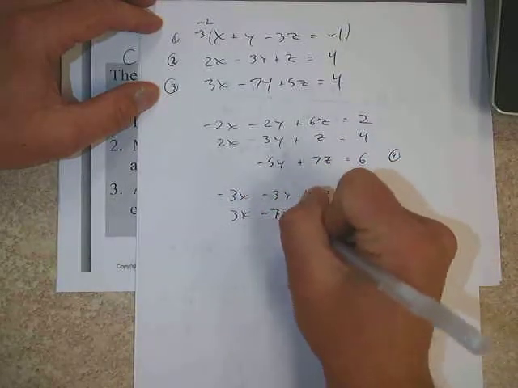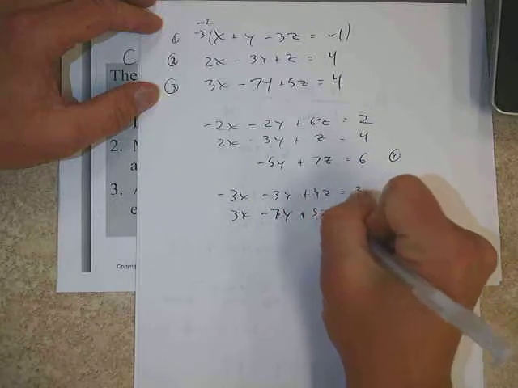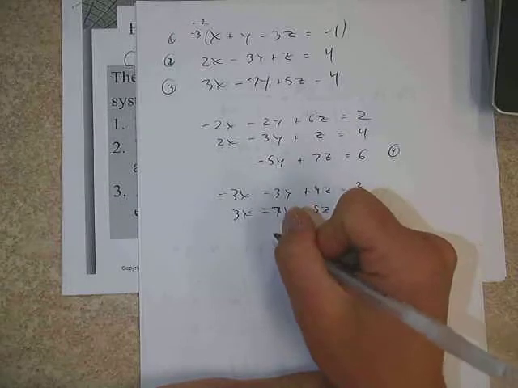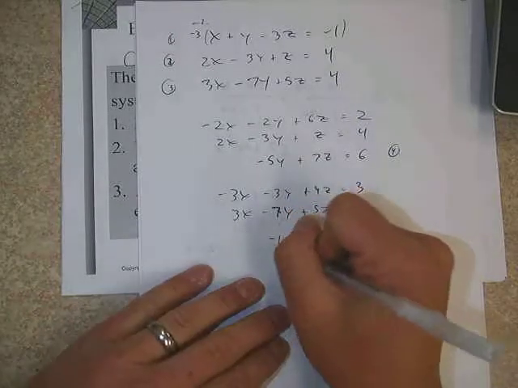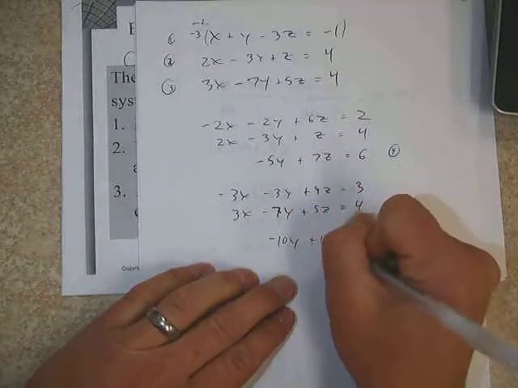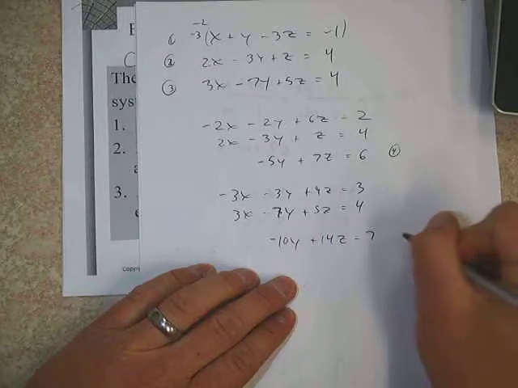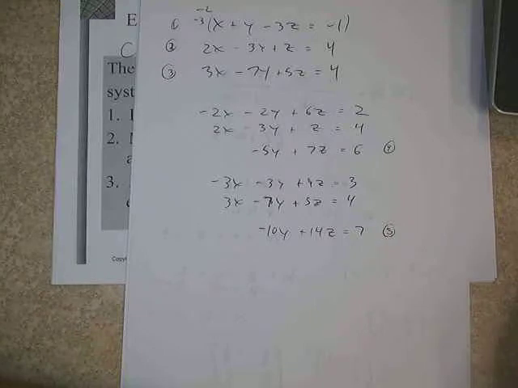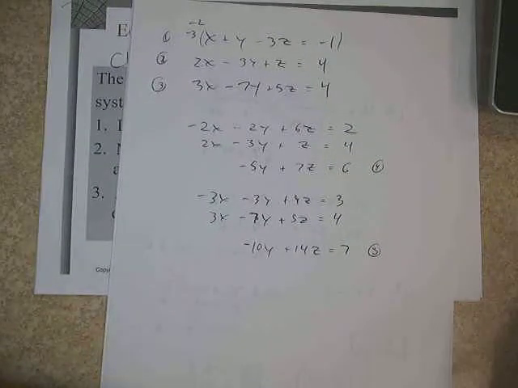So I'm going to multiply by -3 this time, and I'm going to have -3x minus 3y plus 9z equals 3. I'm going to match that up with number 3 and eliminate my x's. That's going to give me -10y plus 14z equals 7. I'm going to call that equation number 5.